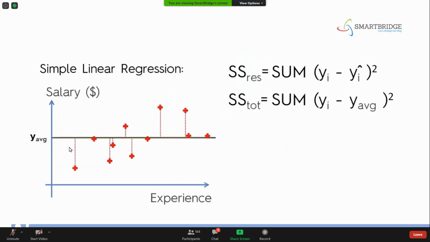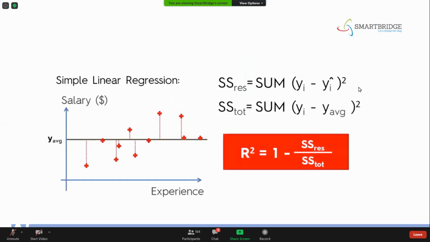Coming to the other one, SS total is the error at the average of y. Y average is nothing but y mean. Suppose y mean is 3.5. At that 3.5, a straight line is drawn. After that, you calculate yi minus y average whole square. Then you get this SS total.